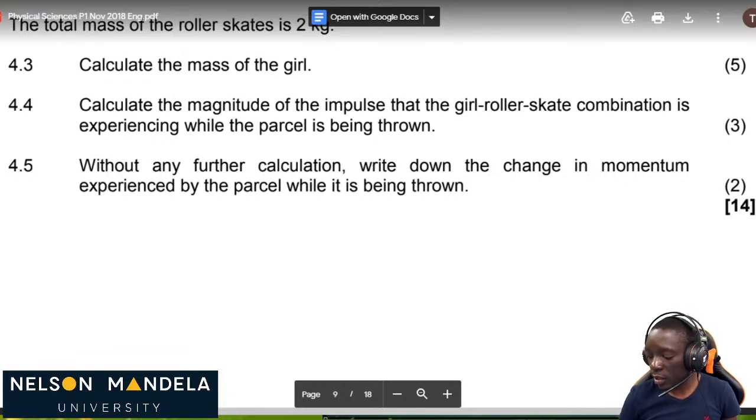That's the impulse. So what is the final momentum of the girl and the roller skate? It is mass of the girl plus mass of the roller skates times the velocity, which we said is negative 0.6, minus mass of the parcel, which is 8.